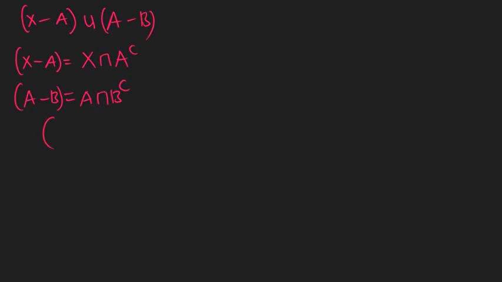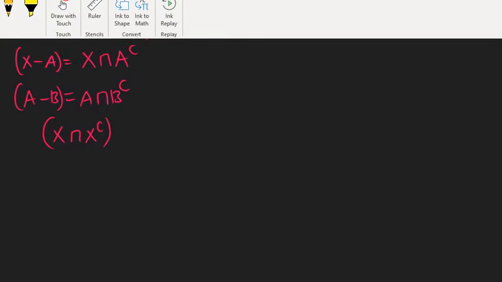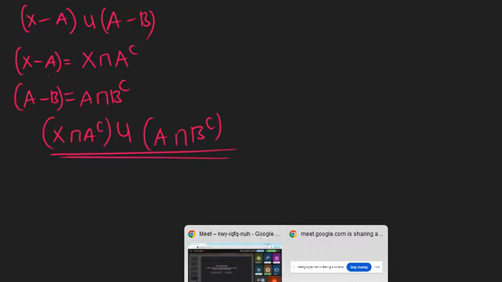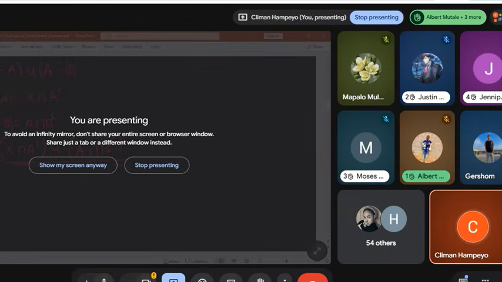So this is just the same as x intersection a complement union a intersection b complement. Now plot this on the real line. It's actually the simplest. And you solve this question.